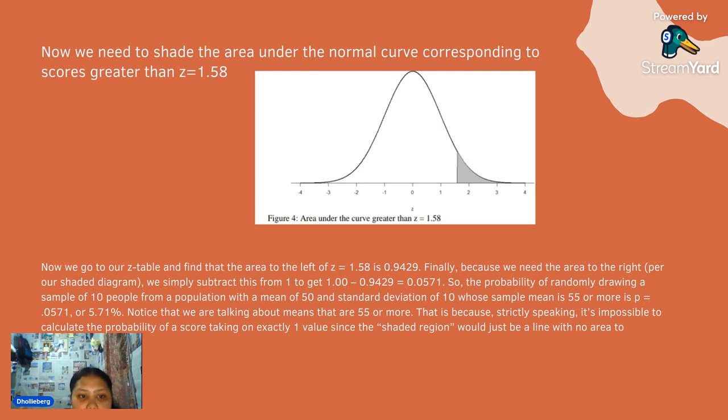Notice that we are talking about means that are 55 or more. That is because, strictly speaking, it is impossible to calculate the probability of the score taking on exactly one value, since the shaded region would just be a line with no area.